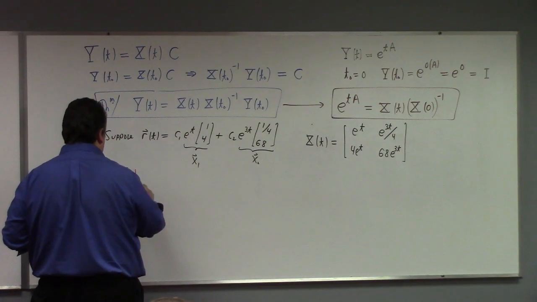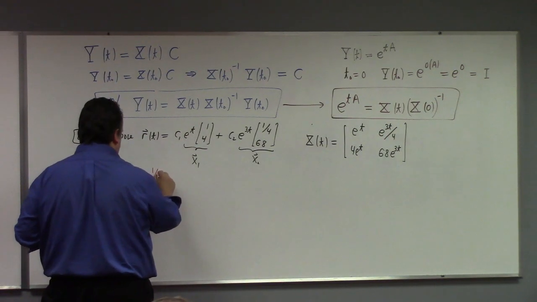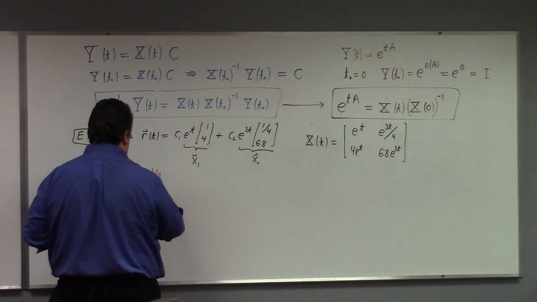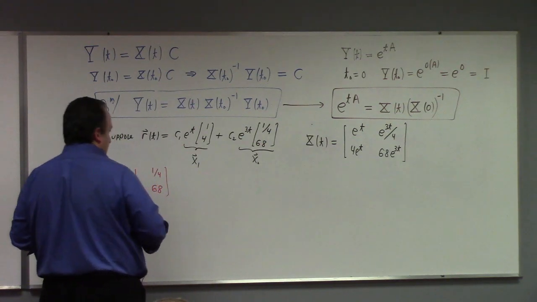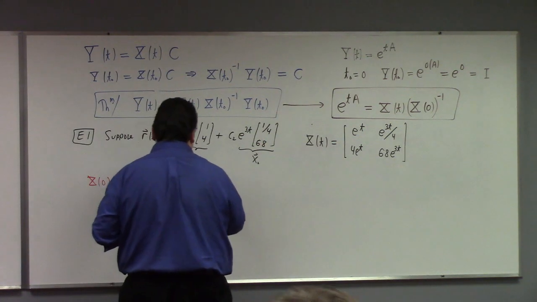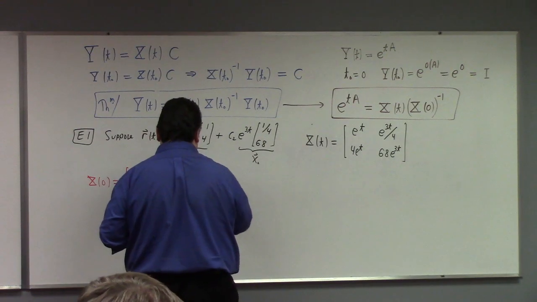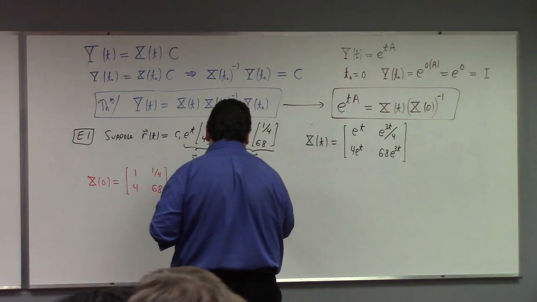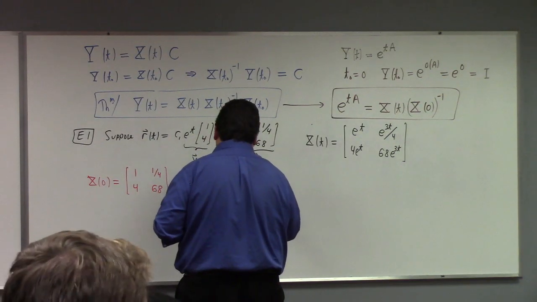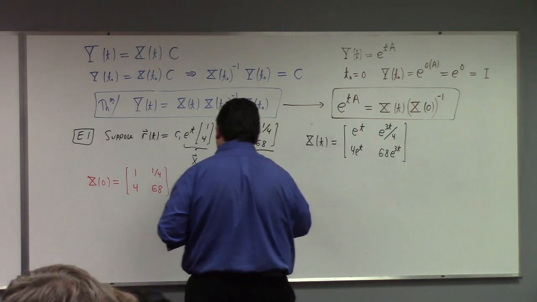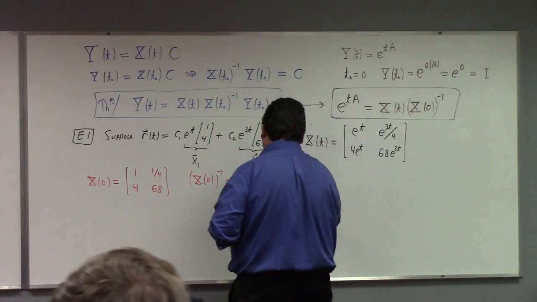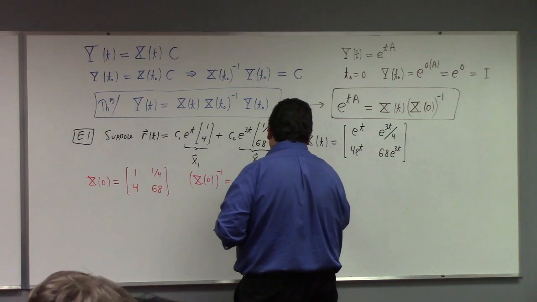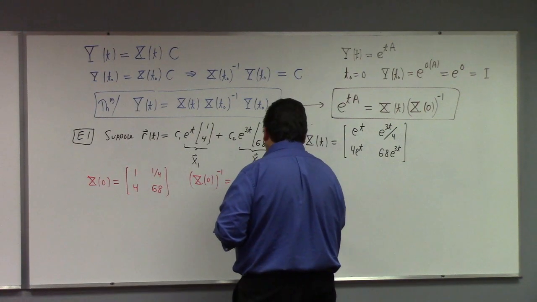So you get 1, 4, 1/4, and 68. All right, great. So what's the inverse matrix of this? x of 0 inverse. How do you do that? 1 over 1 times 68 minus 4 times 1/4, which is 1. Flip the diagonals. I told you guys about the 2 by 2 inverse formula before, didn't I?